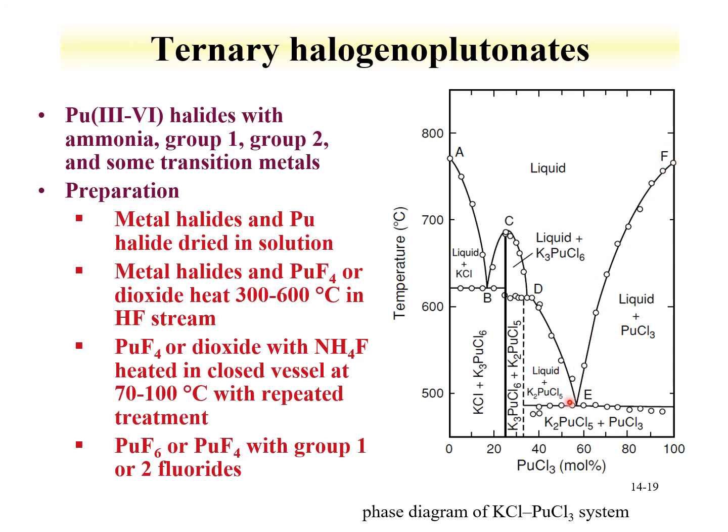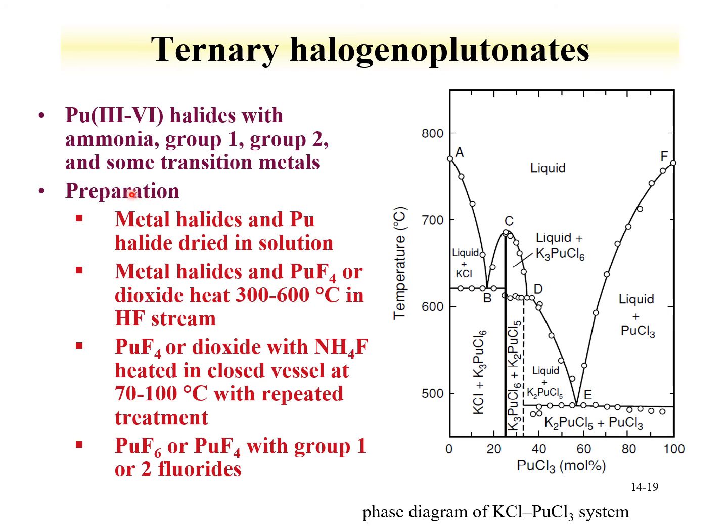And we see a mixture that's almost 50% or 55% plutonium trichloride has a melting point a little bit below 500 degrees. So this is an interesting property of the chloride system and can be used, for instance, if you're evaluating a molten salt reactor containing plutonium. The chloride with plutonium can form these eutectics, which will have suitable properties in a reactor.